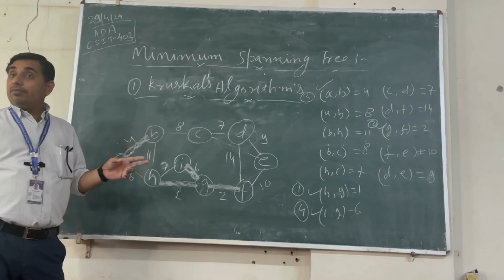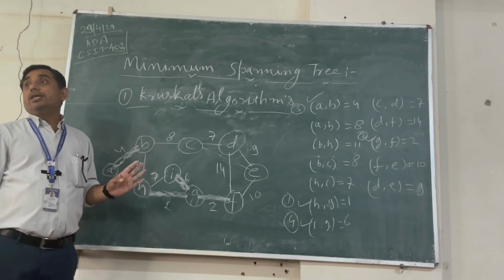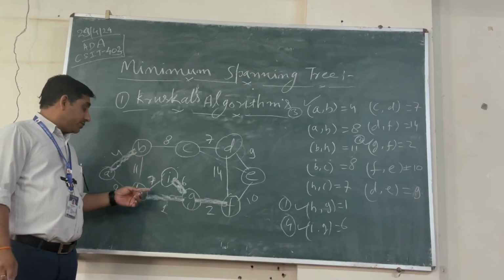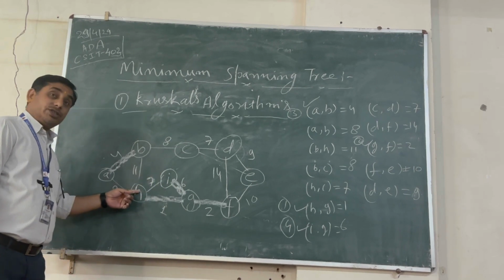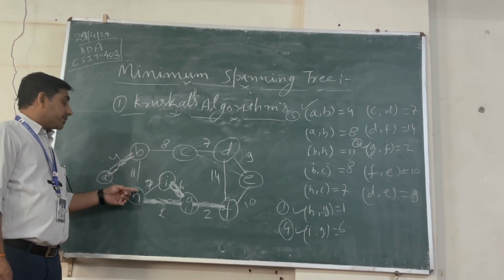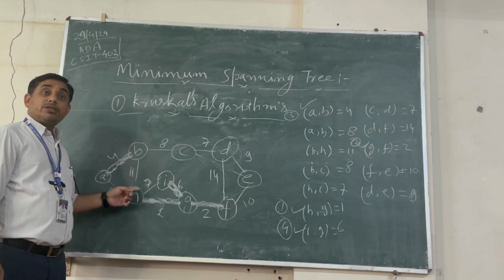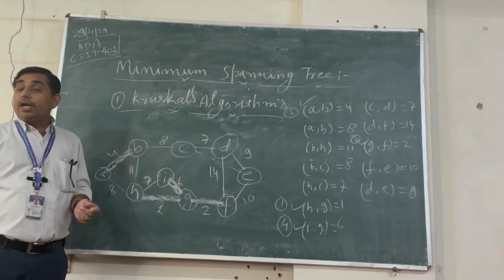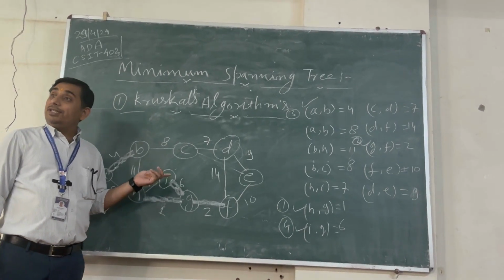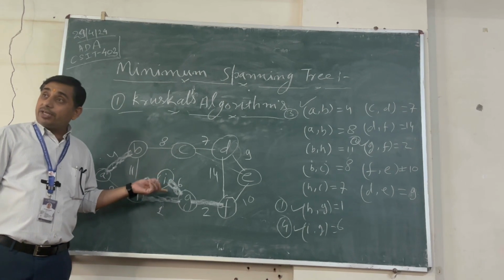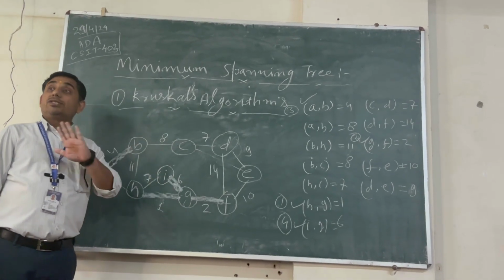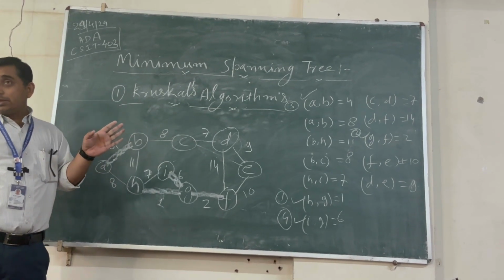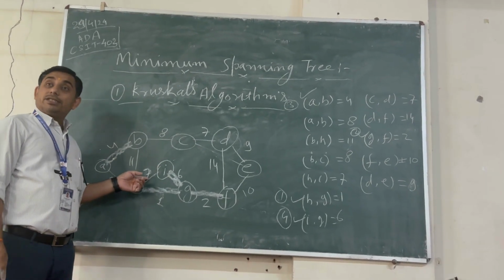Okay, so which one is the minimum? 7 is minimum, but the 7 is present here. So first I to H, we will not consider this one because it forms a closed loop and we are finding the tree, and in a tree no closed loop is possible, so we will not consider this 7.